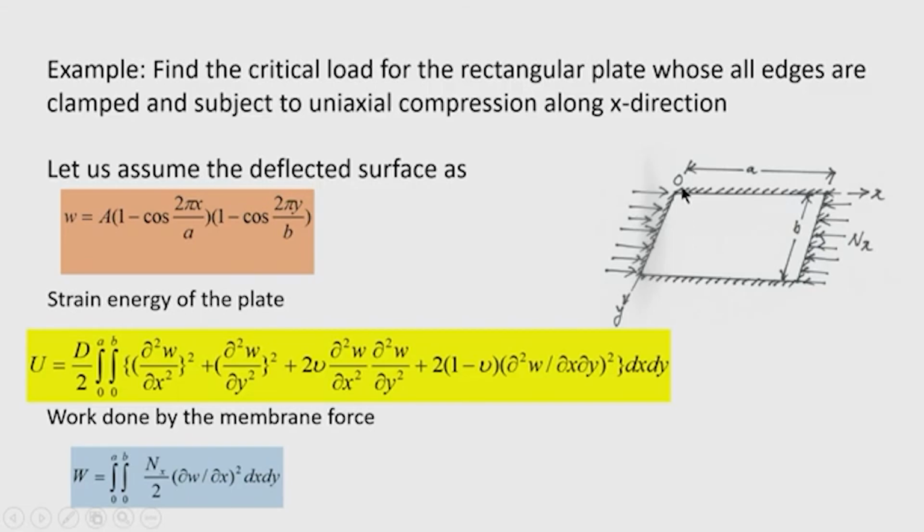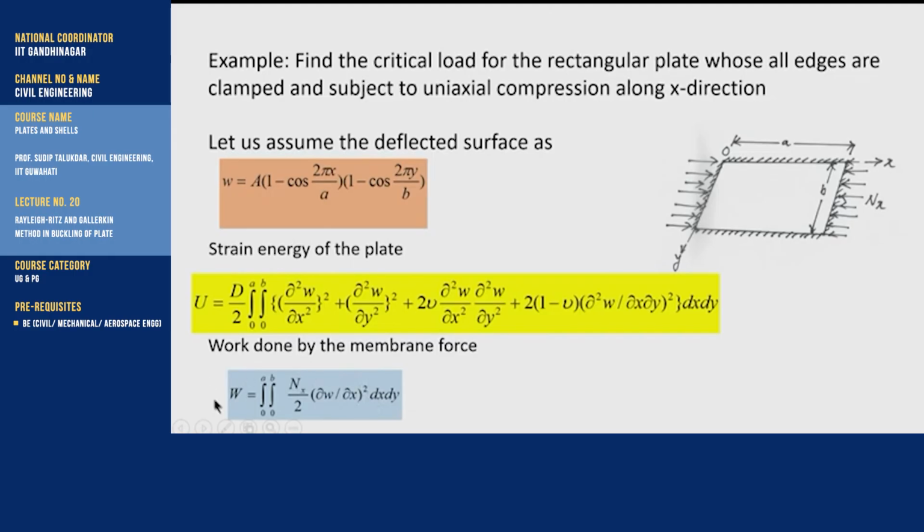So, compression acts along the edges x is equal to 0 and x is equal to a. Okay. So, the work done due to this compressive force is now written like that: W is equal to integration 0 to a, 0 to b, N x by 2 into del w by del x whole square, dx dy. This expression has been derived earlier from the basic principle, so you can use it.